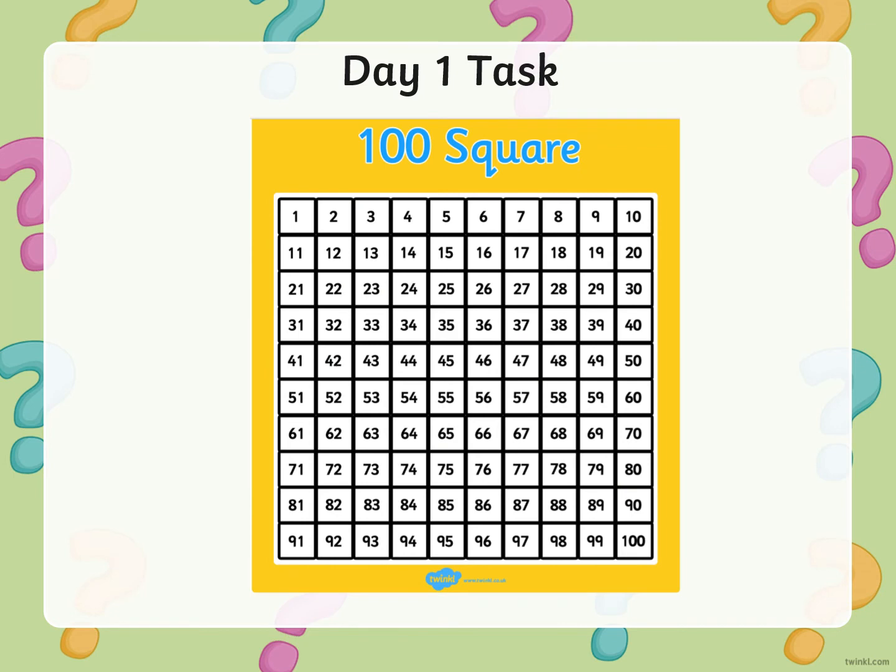You should start with a 100 square like this. Colour the numbers and then underneath or next to your 100 square, write about what you notice for the numbers that you have coloured in. Pause the video now and complete the activity and then come back and look at the next section to see if you got it right.